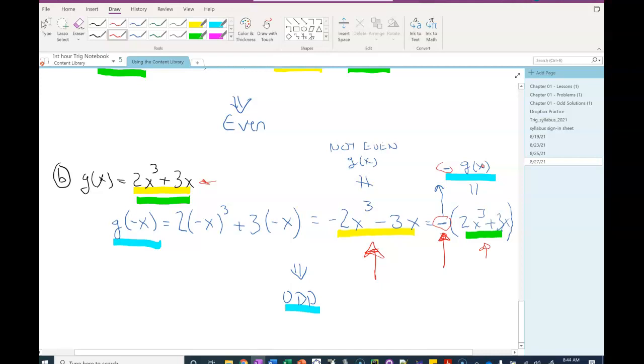I was just making that observation along the way, just so that you can see that you can't be even and odd. You wouldn't think that you could be both, but I was illustrating that along the way: to get to odd, you're going to pass even.